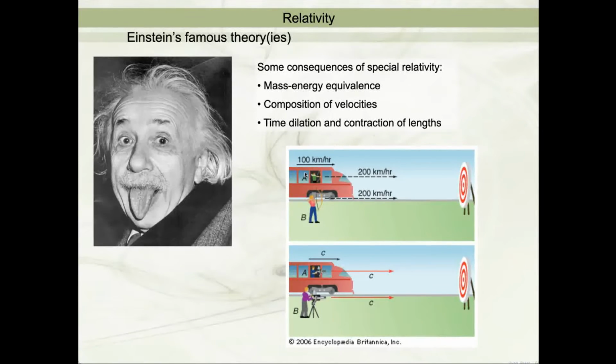So it would be the speed of the train moving forward, which is 100, plus the speed of the arrow, because the arrow is launched on the moving train, so it will add the speed. So then you would have a total speed of 300 kilometers an hour. And if you neglect friction and things, that is basically uncontested. If you're unsure whether that's the case or not, that would be the case.